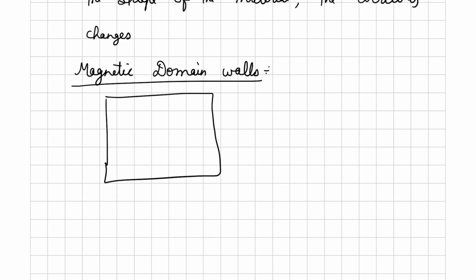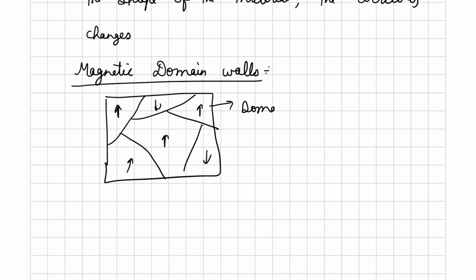That is called a magnetic domain, a small group of atoms. Let's say it's something like this. So these are called the domains, where the spins are pointing along one particular direction, and these lines are called the domain walls or the boundaries.